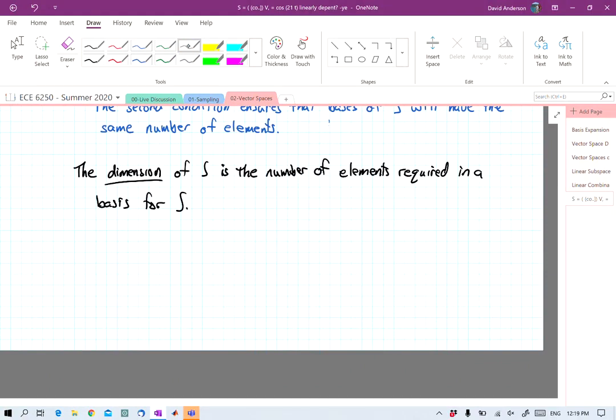It turns out the dimension is n, and the number of basis elements is n, and that's easy to do.